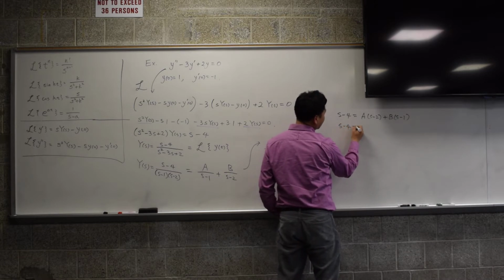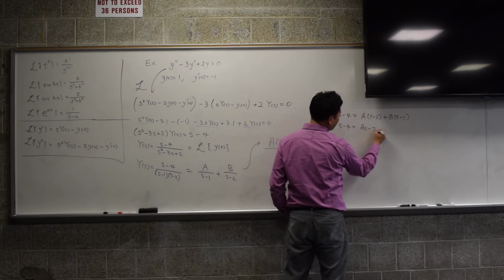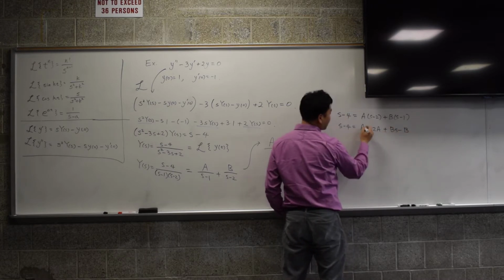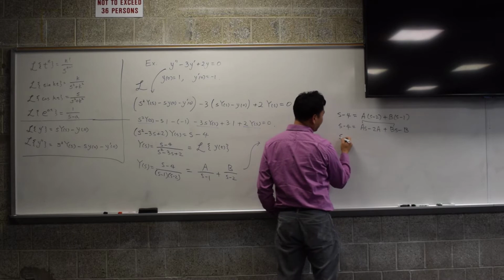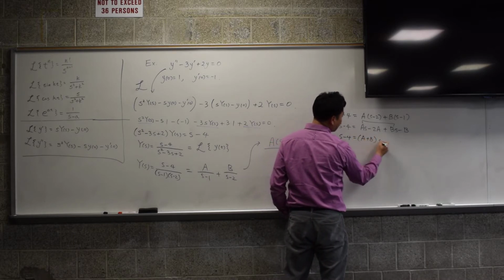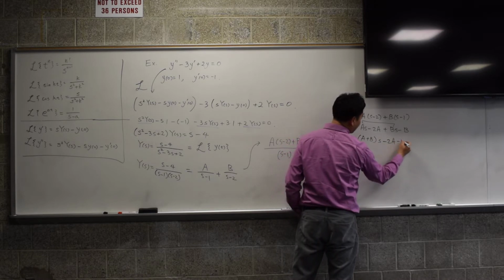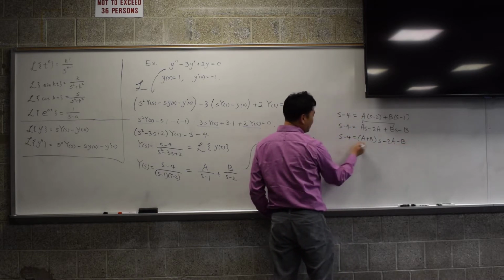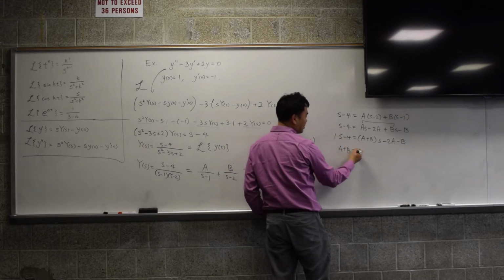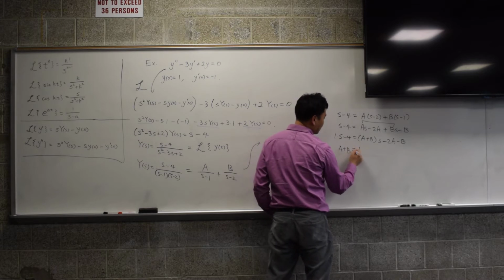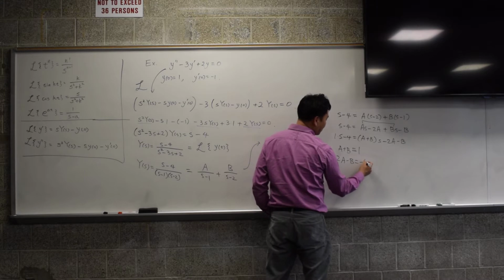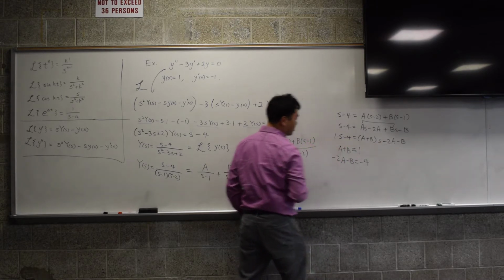That's As minus 2A plus Bs minus B. Combine the terms with s: s minus 4 equals (A plus B)s minus 2A minus B. So A plus B must match 1, the coefficient of s, and negative 2A minus B must match negative 4, the constant terms.